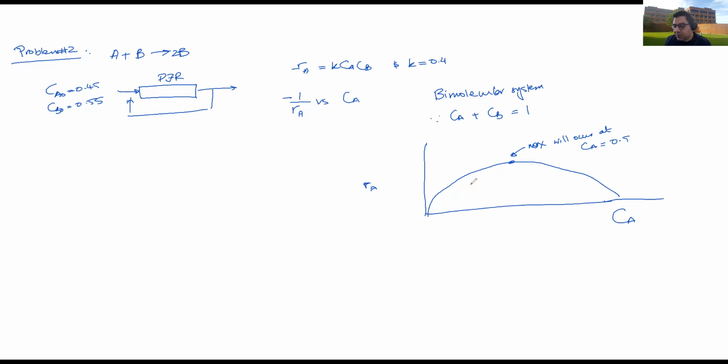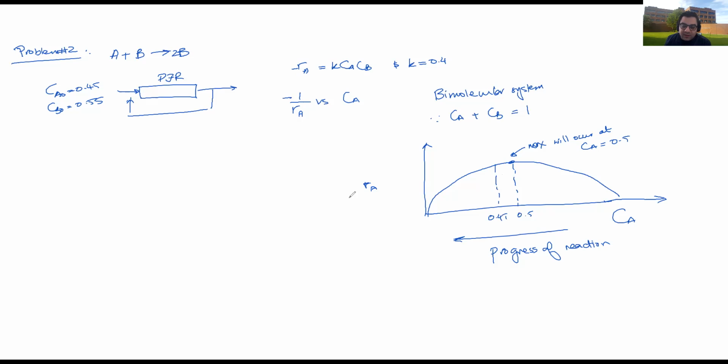This is the maximum rate, and as your reaction progresses, your CA is going to decrease. So this is the progress of reaction. This is how this reaction progresses. And this is really the chart of reaction rate versus CA. And your feed, if we said that this is 0.5, your feed is somewhere here, which is 0.45.